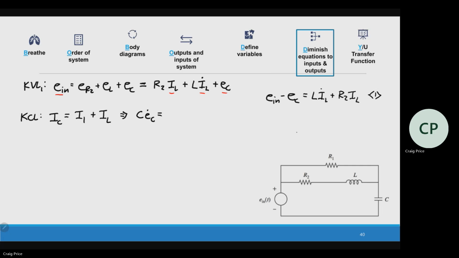And I1, what would you like to change I1 to become? You got anything with I1?